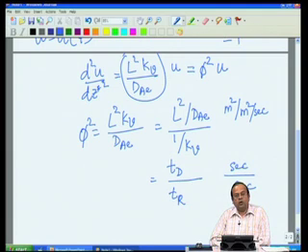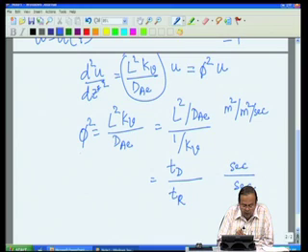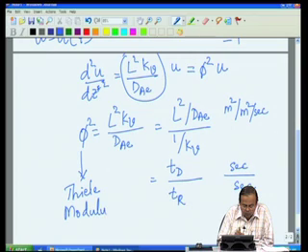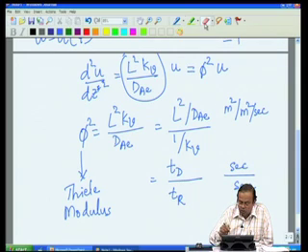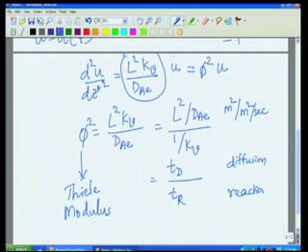What does it mean? It means that our Thiele modulus is actually comparing two different phenomena: diffusion and reaction, and that is natural because these are the two phenomena occurring, diffusion with chemical reaction.